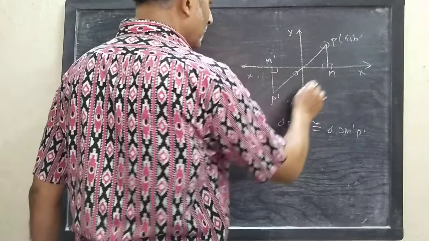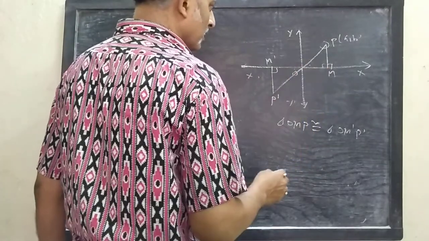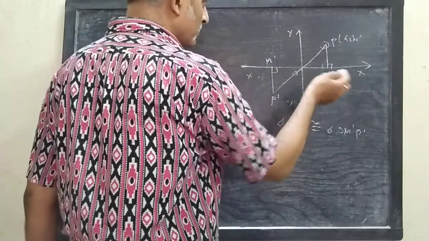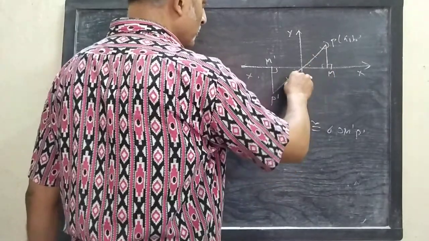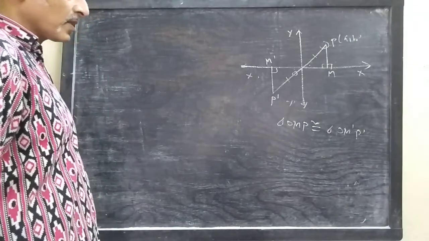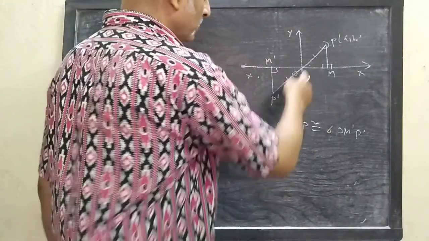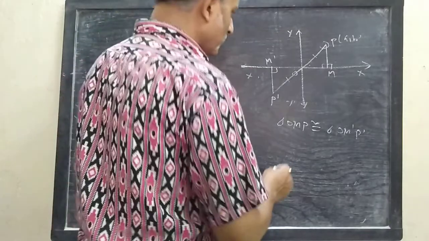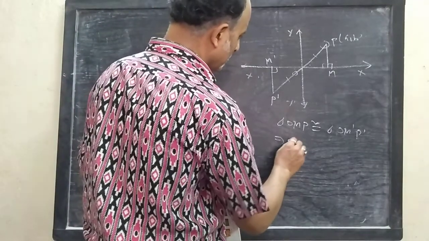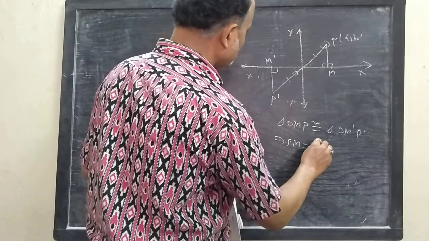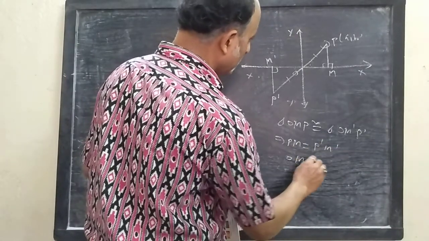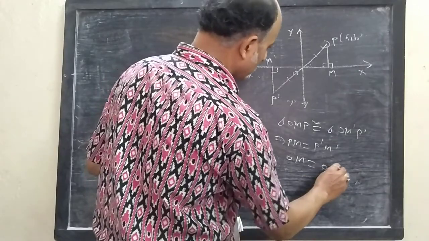Right angle equal, vertically opposite angles are equal, and according to principle OP equals to OP dash. So by AAS congruence, these two triangles are congruent. So as they are congruent, you can write PM equals to P dash M dash and OM equals to OM dash.